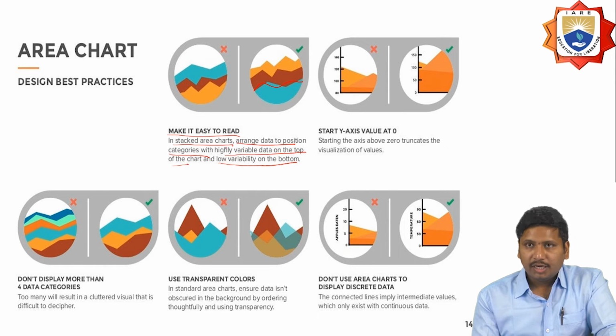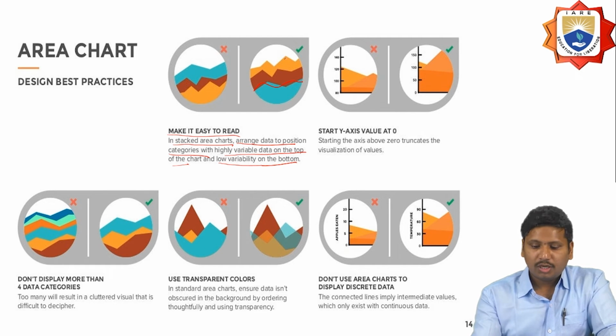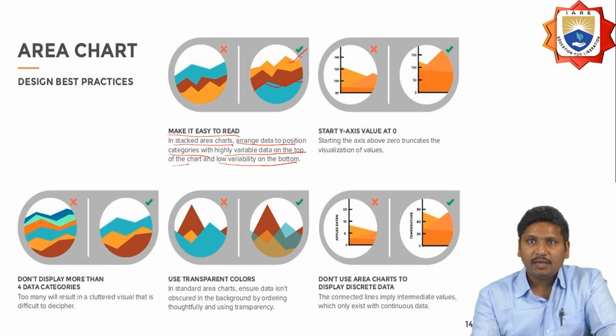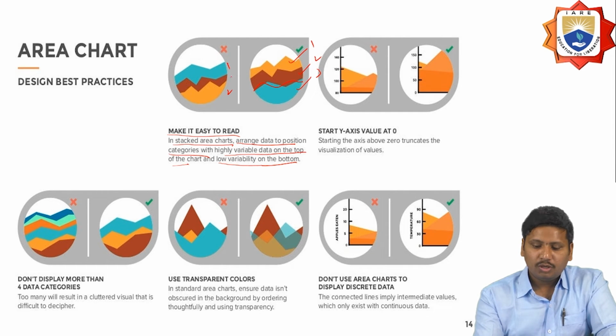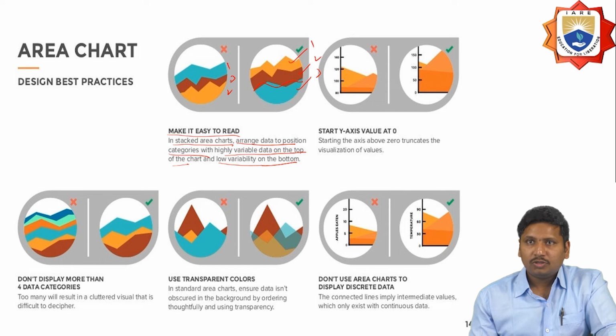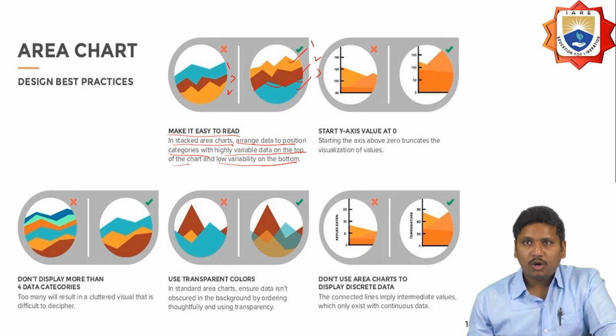The data arrangement is an important thing. What data is occupying the most should be on top, the next level should be the next area, and the next the next, 1, 2, 3 like this. We should not represent it in some other form. All the time, the higher occupied data should be on the top and the lower occupied data on the bottom.